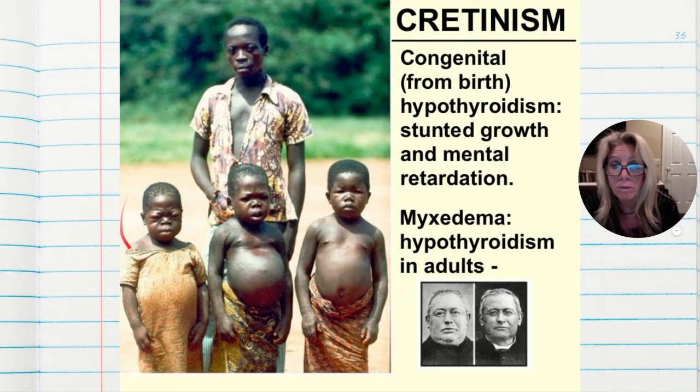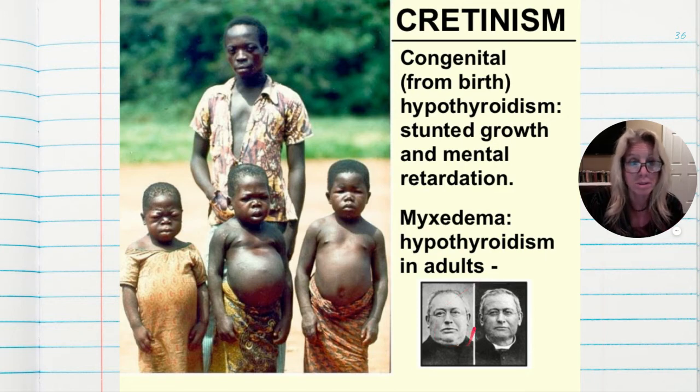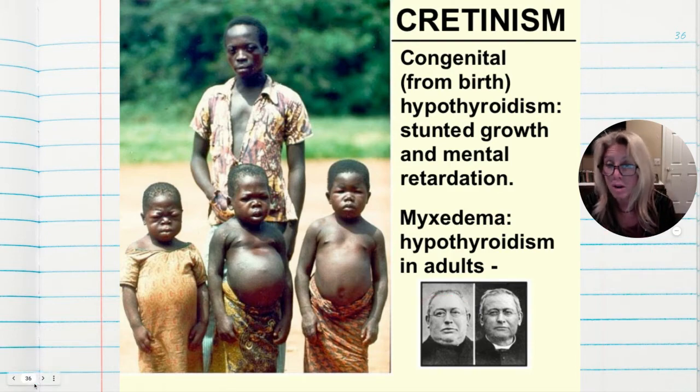So these 4 gentlemen are all the same age, but because they didn't have a high enough metabolism, it stunted their growth and affected their mental development. When you have hypothyroidism in an adult, like maybe because there's cancer of the thyroid and it has to be removed, this also lowers their metabolism. So this is what has happened here to this gentleman, and this is why they would have to take a thyroid medicine.